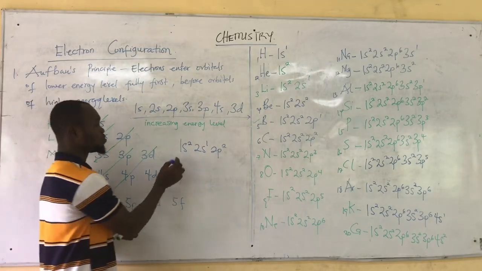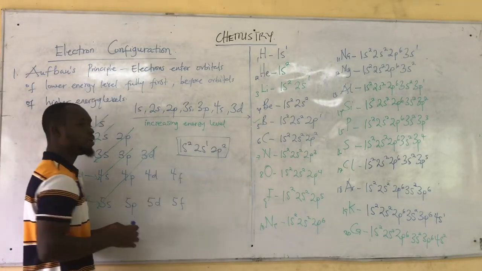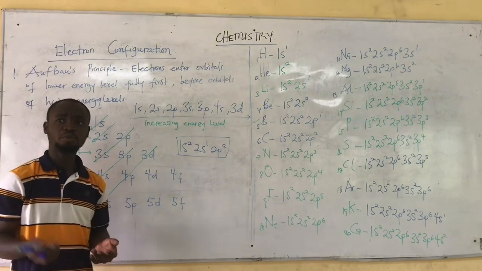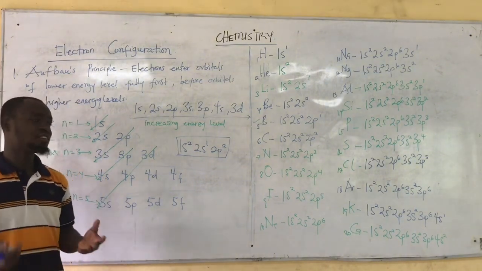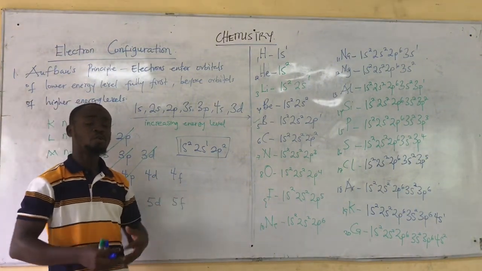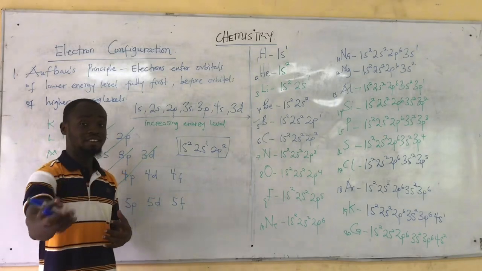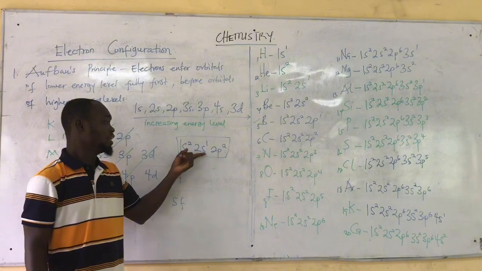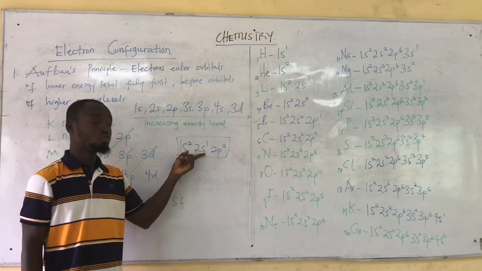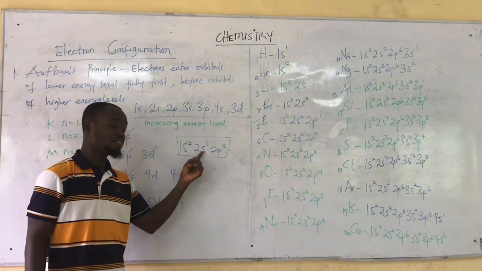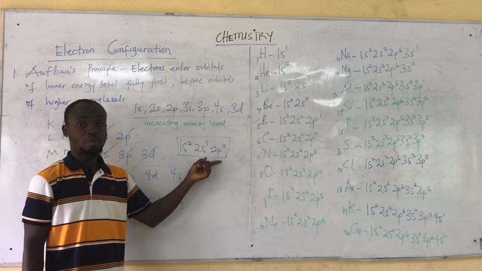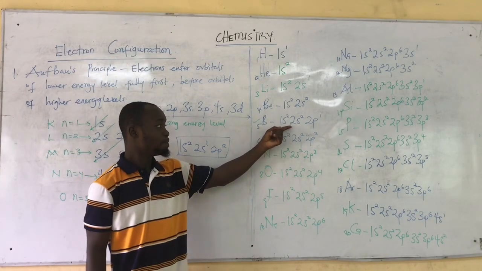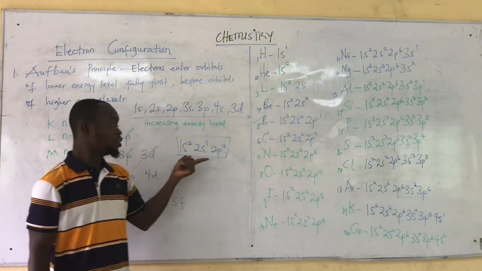Once I write it this way, it means I'm violating a certain principle, and that principle is the Aufbau principle, because the Aufbau principle states that we have to fill orbitals of lower energy level before orbitals of higher energy level. The 2p over here has a higher energy level than the 2s orbital. So we need to fill the s orbital fully first before we move to the 2p orbital. Is that okay? So this is the correct arrangement of electrons in boron, and not this one.